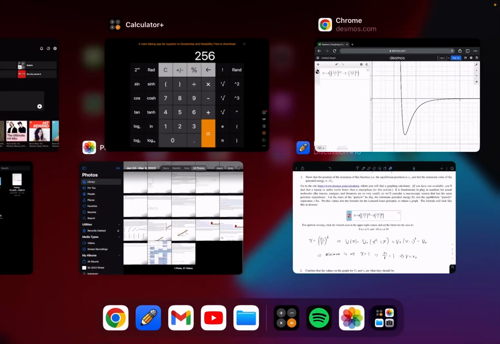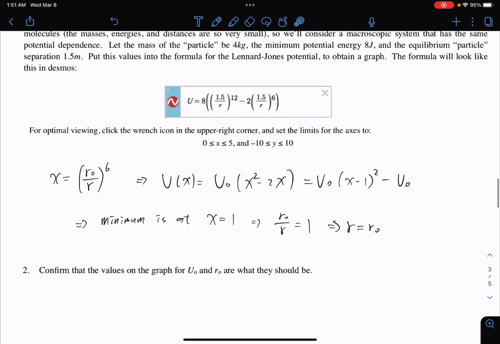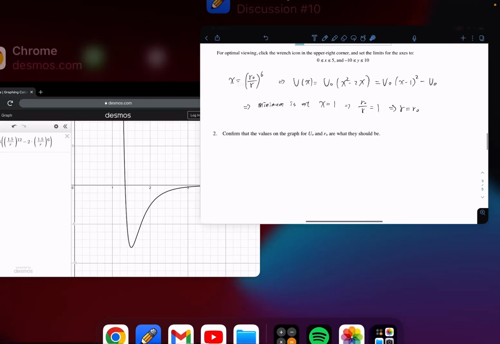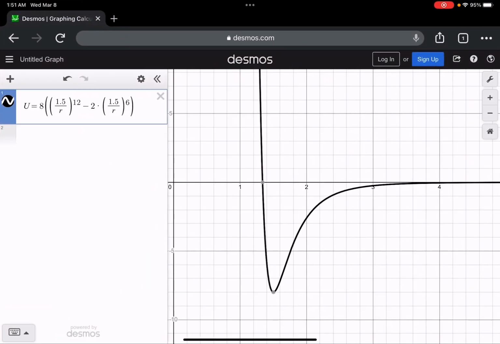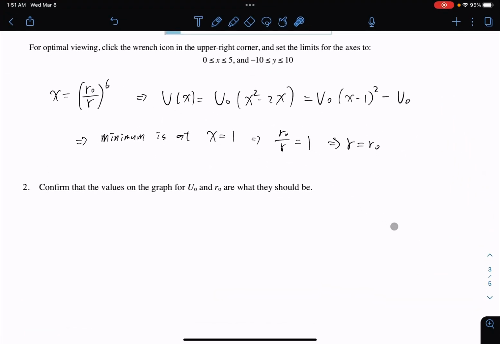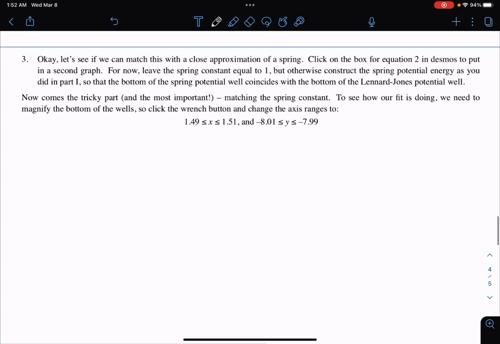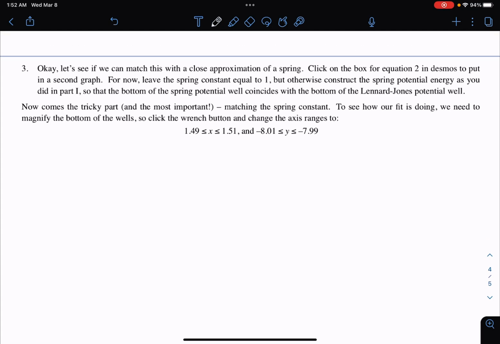Good. So now let's look at the lowest point. The lowest point is here, and you can see that it is at 1.5. So indeed, the minimum point happens when r is 1.5. Good. Now we can try to match the potential energy to a spring potential energy close to the lowest point.